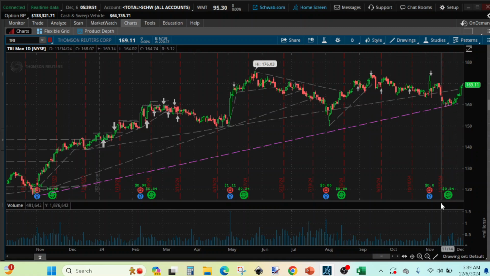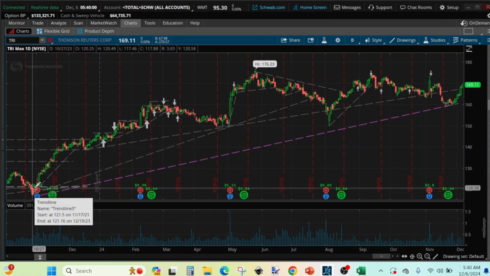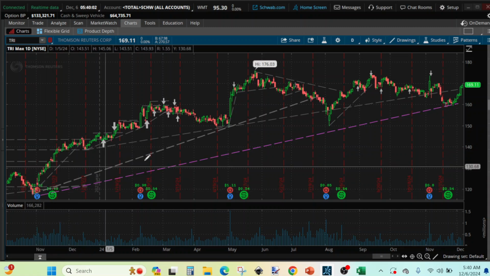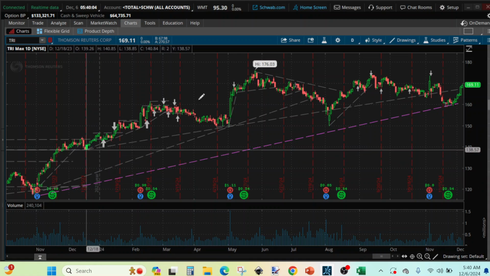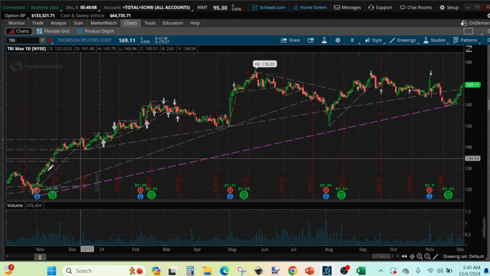It reached that purple line in November. We have October here. So based on that assumption though, it's not going to come back to it for a while. If it's replicating this pattern, that big dip will be in March.